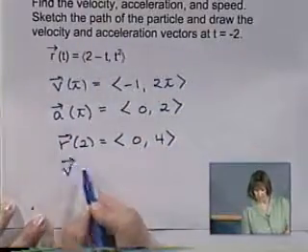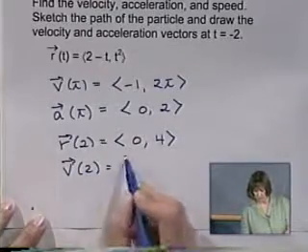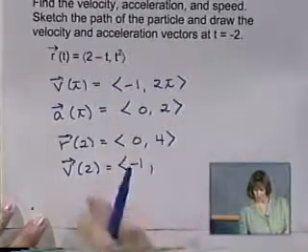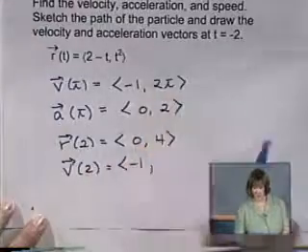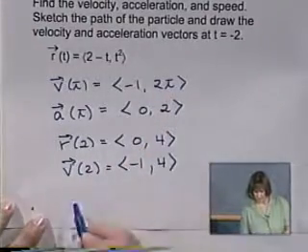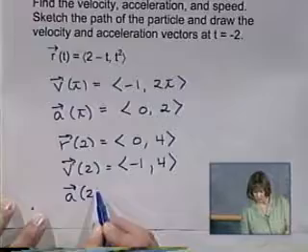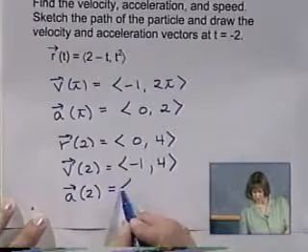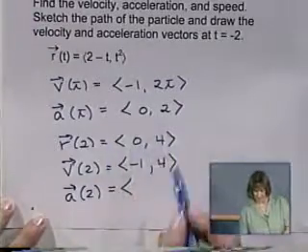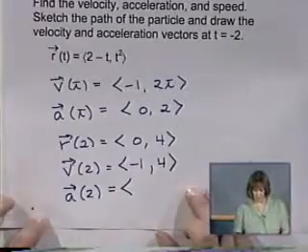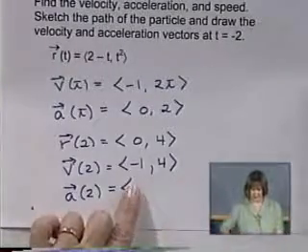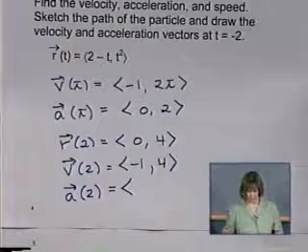My velocity vector at 2 is going to be -1, comma, and we're plugging a 2 up here, so 2 times 2 is 4. And lastly, my acceleration vector is equal to, plugging in a t equals 2, and I'm plugging in a t equals -2.